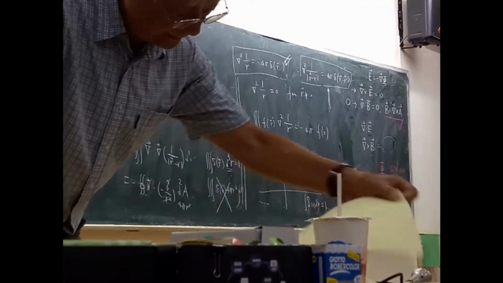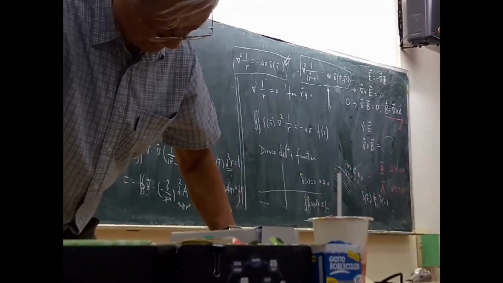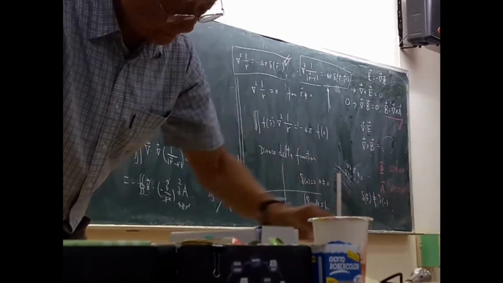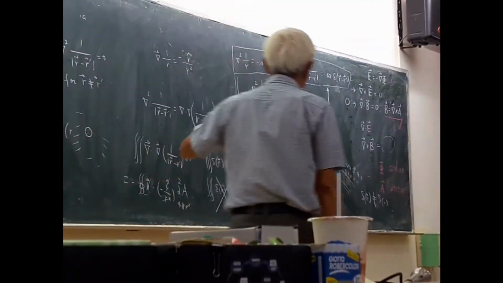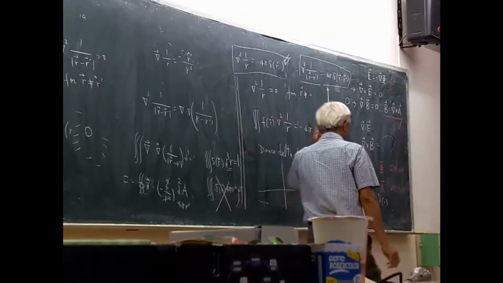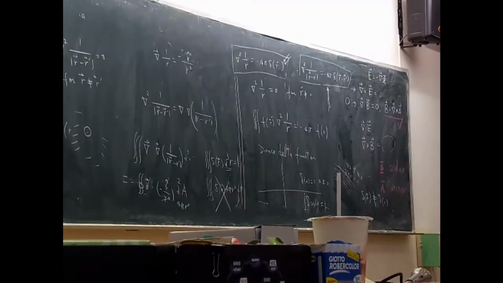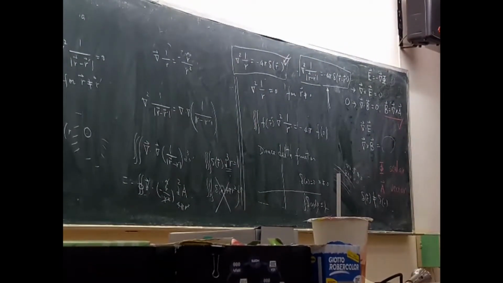Now, we have a Poisson equation. We have a Laplace equation. We will come back later to the Poisson equation and Laplace equation.